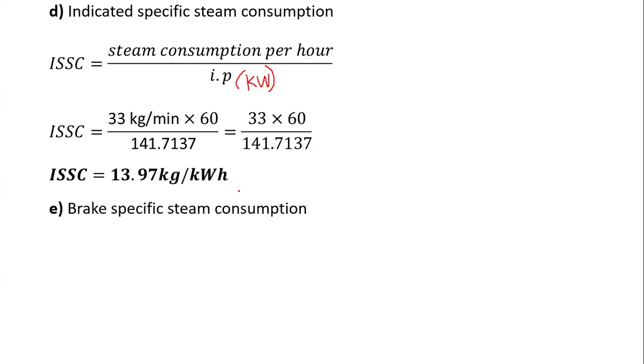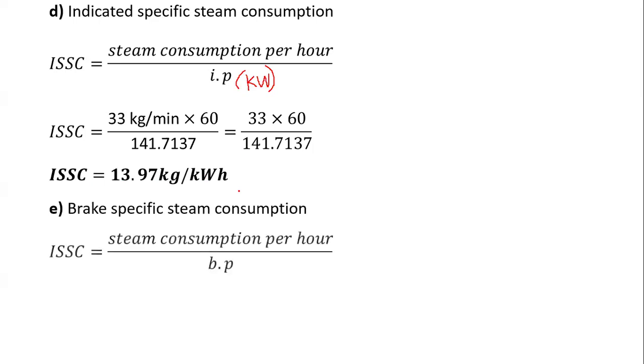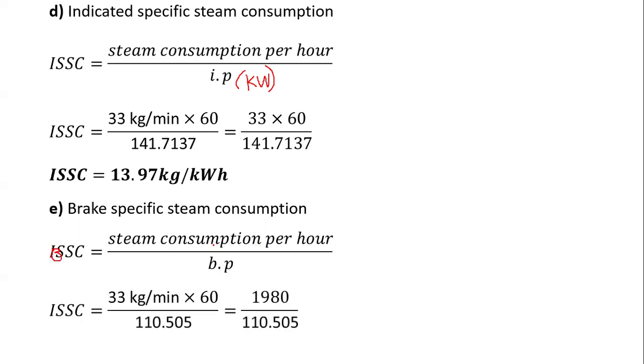What about the brake specific steam consumption? So this is supposed to be our brake. So this is letter B. Brake specific steam consumption is steam consumption per hour over brake power. Steam consumption, we're not changing anything. It's the same again.